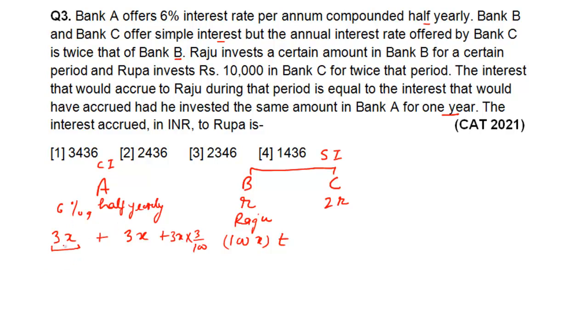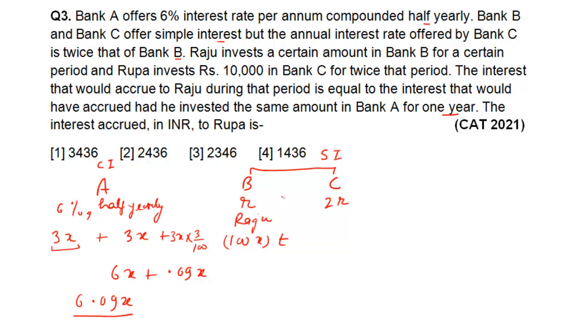So the total interest is 3x plus 3x, that is 6x, plus 0.09x, which gives 6.09x. This much is the interest accrued in Bank A.